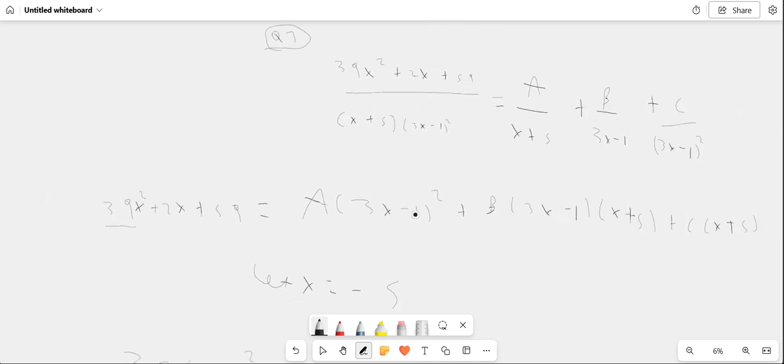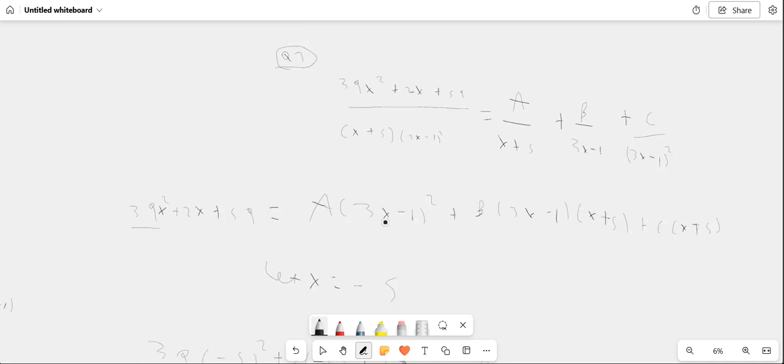So expand 3x minus 1 squared. If I expanded that, it'll become 9x squared, because obviously a squared plus 2ab plus b squared. So if I expanded 3x minus 1 squared, that would be 9x squared, obviously minus 6x plus 1. You get it?